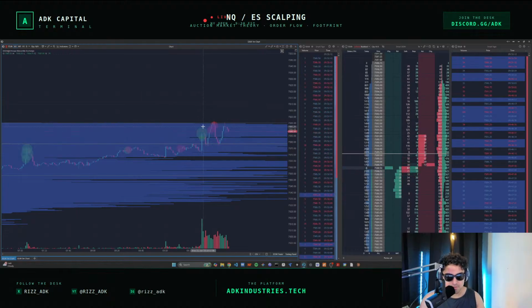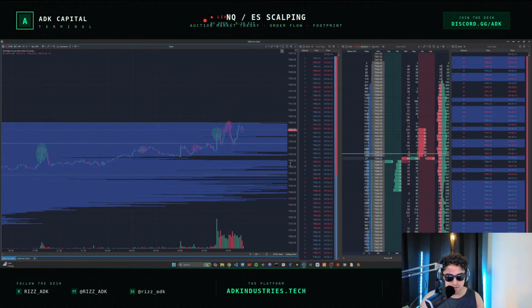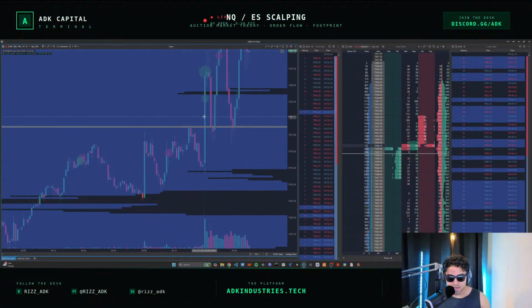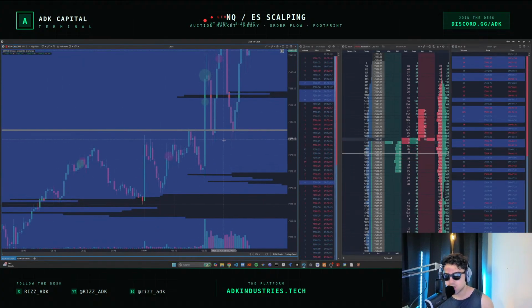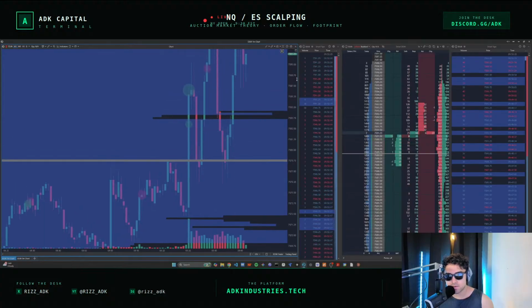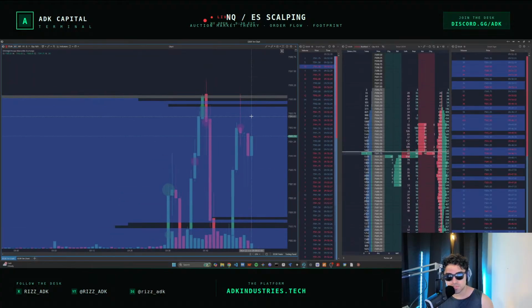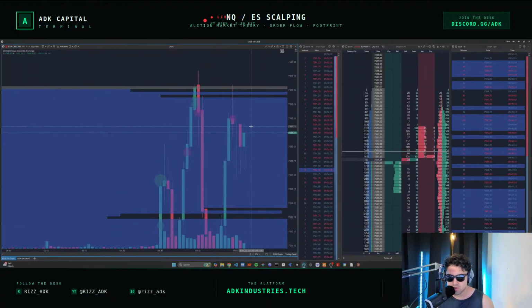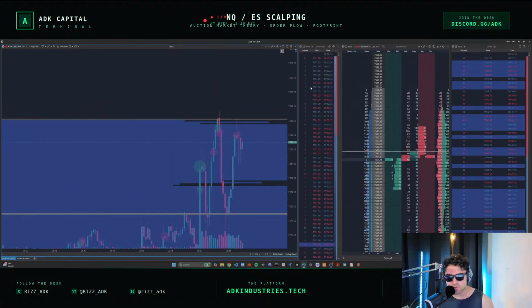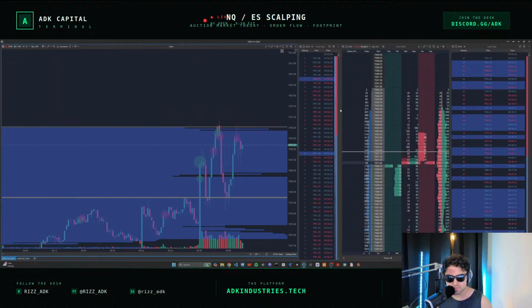Came up, you can see some sellers, came down to this value area high, break, retest, a pivot point, and then we took a long, stop around this low right there. Made around 4 times the risk, and that's it. Quick little trade.